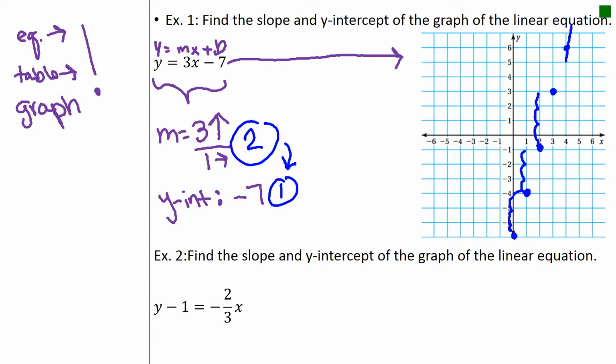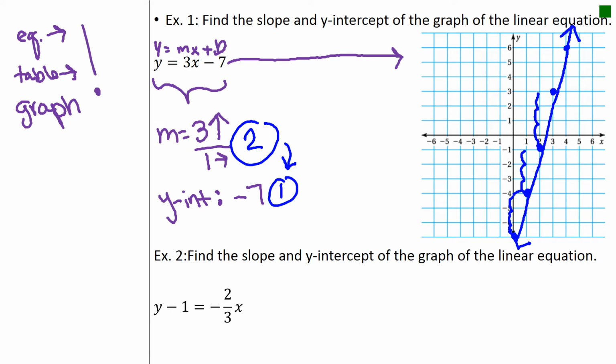When I connect the dots for this linear equation, I'm trying to be as accurate as possible, and I'm going through the whole window. I'm not stopping until I go through the whole thing. If I went too fast, please pause your video and rewind.